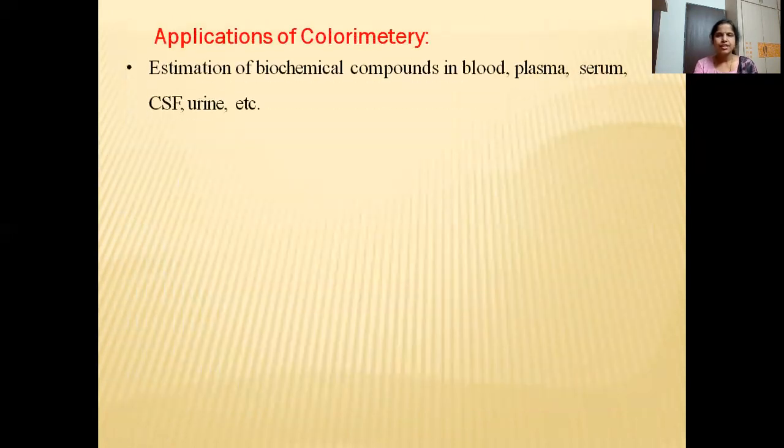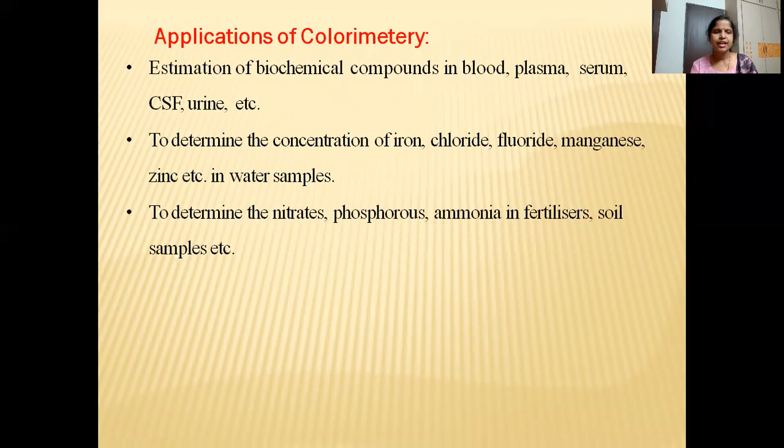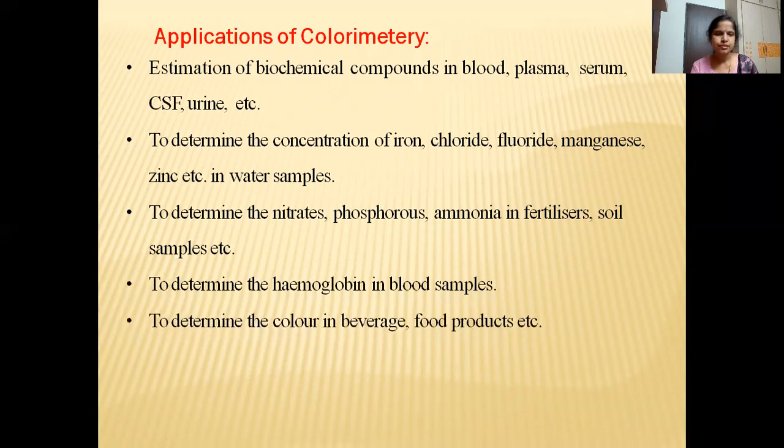Now we'll see what the applications of colorimetry are. Using the same Lambert-Beer's law, we can easily find the concentration of any biological compound present in blood, plasma, serum, CSF, that is cerebrospinal fluid, urine, etc. We can also determine the concentration of iron, chloride, fluoride, manganese, zinc in water samples; nitrates, phosphorus, ammonia in fertilizers and soil samples; hemoglobin in blood samples; and the color in beverage and food products.